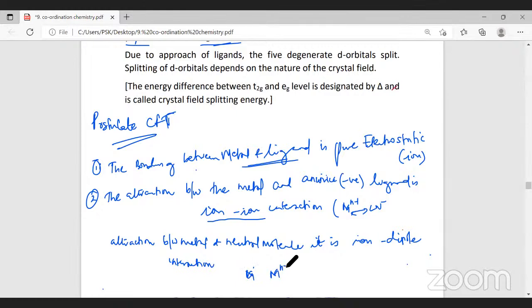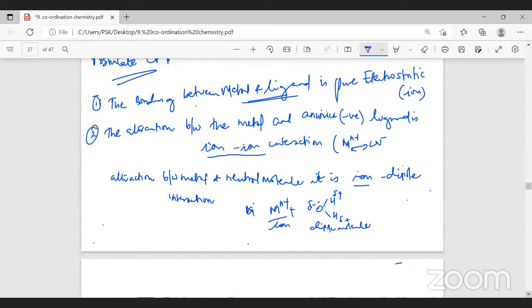If you take water, H2O, I'll write O, H, and H. Hydrogen is electropositive and oxygen is electronegative. Now this oxygen and the metal will have interaction. The metal is an ion and this is a dipolar molecule. So the interaction between them is metal and dipole interaction.